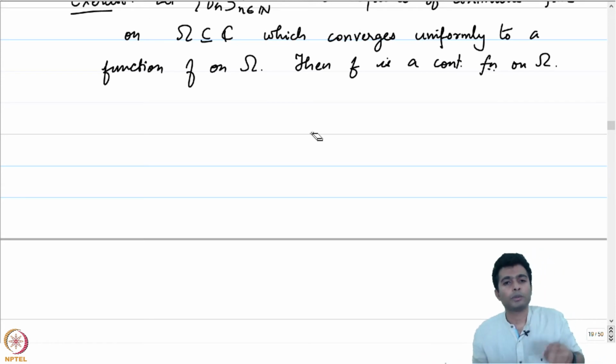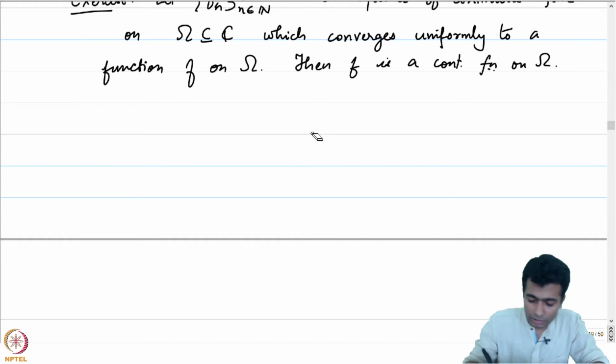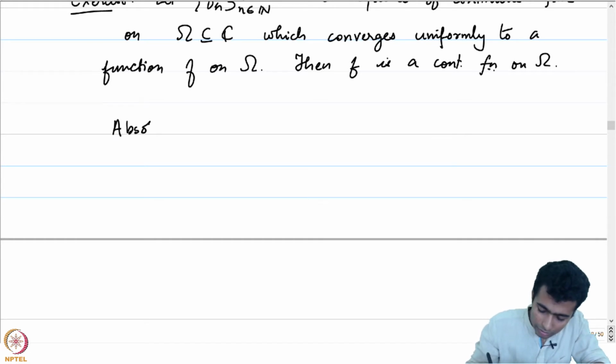I would also like to recall the notion of absolute convergence. We will recall the definition of absolute convergence of a series of complex numbers.